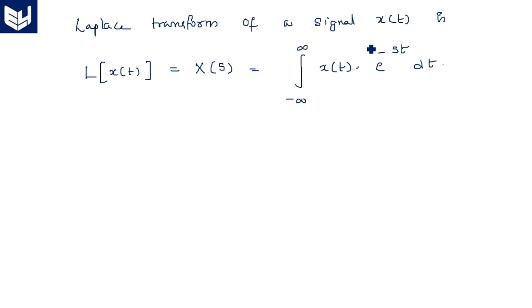If you compare this Laplace transform equation with the Fourier transform equation, the Fourier transform formula is X of omega equal to the integral from minus infinity to plus infinity of x of t into e power minus j omega t. Just j omega is replaced by s, that's it.